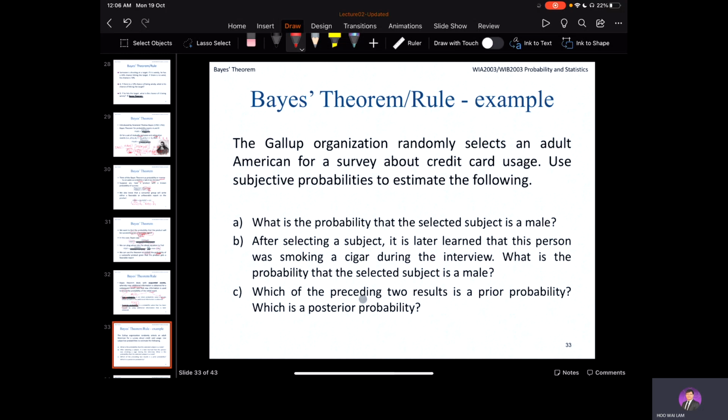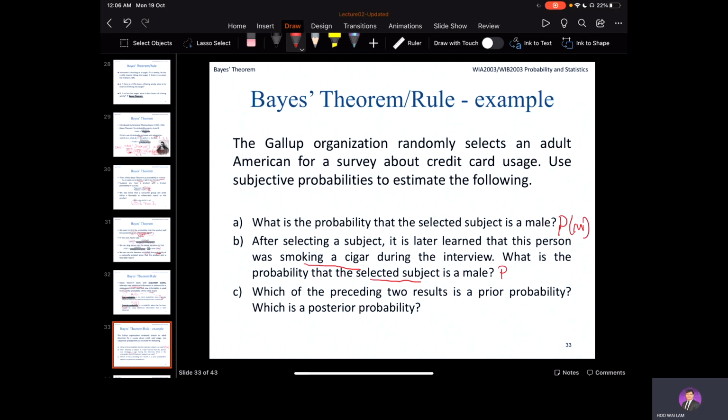When you check these questions, of course, we don't have any values over here. It's a theory-wise question. What's the probability that the selected subject is a male? You're basically trying to calculate the probability of male. After selecting the subject, it is later learned that this person, you see the extra information, was smoking a cigar during the interview. What's the probability that the subject is a male?